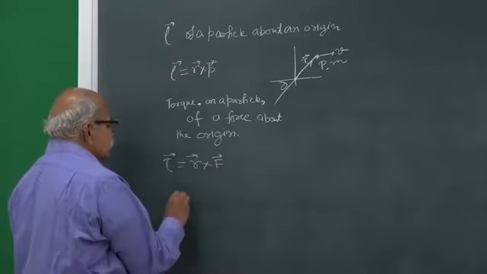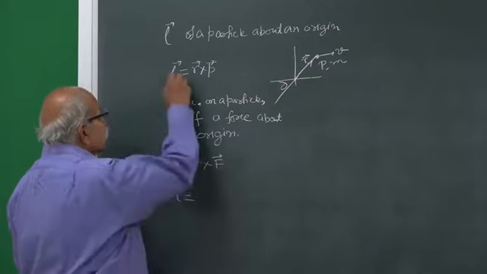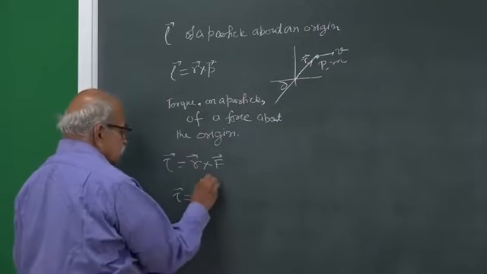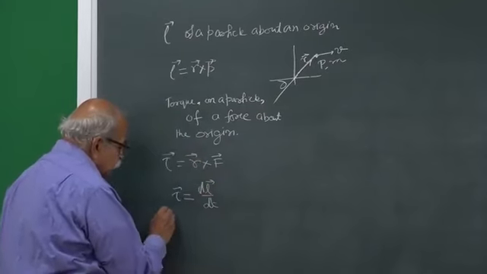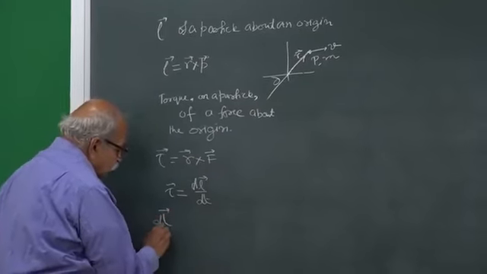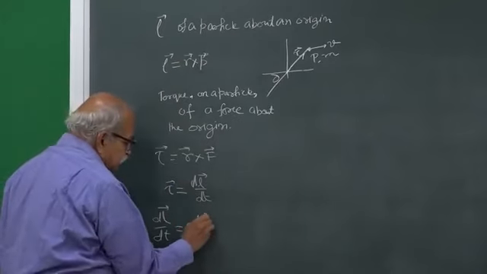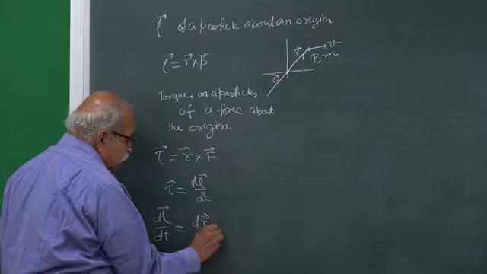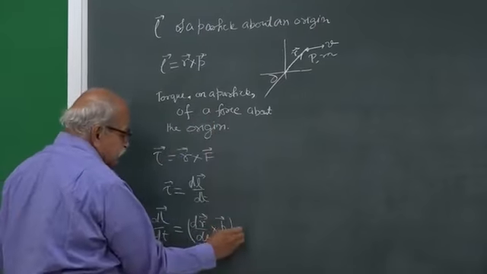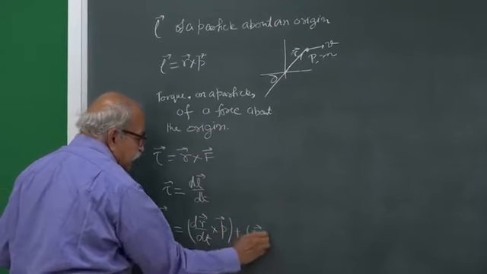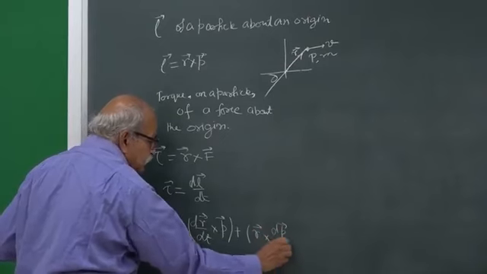And then you have a very simple relation that torque is equal to dL/dt. Simple. L you know, so if you do dL/dt, it will be differentiation of the first function cross the second function as such, and then the first function as such and differentiation of the second vector.